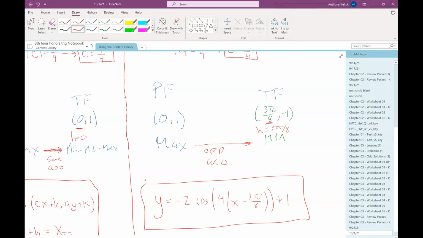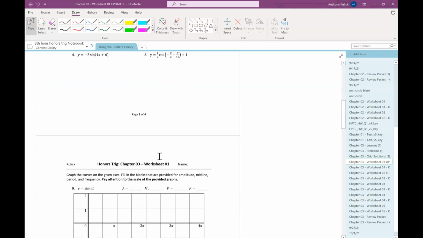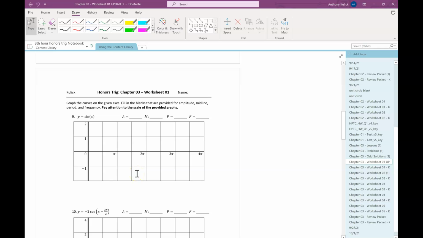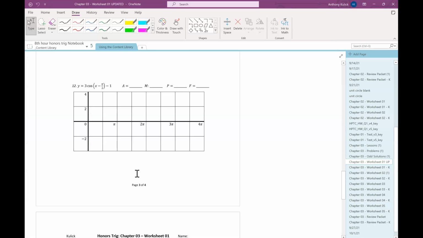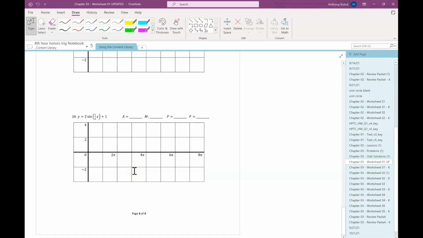Today, you should be able to do worksheet 1 quite easily. All we're doing is identifying some values, then describing the transformation and doing some graphing on worksheet 1. It should be fairly doable.